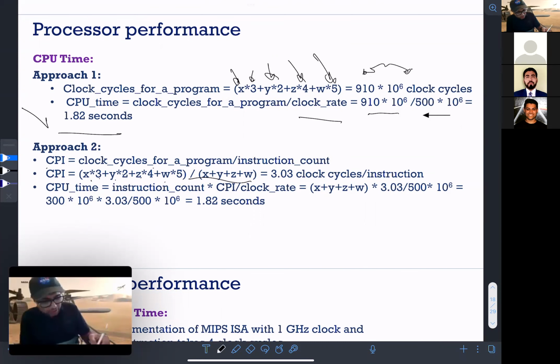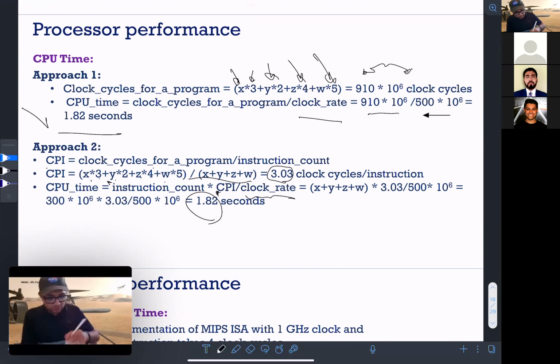The total came to 3.03, right? Now I use it in the equation: instruction count times CPI divided by the clock rate, exactly as in the definition of CPU time from the CPI. Then you just substitute values, and the value comes out 1.82.